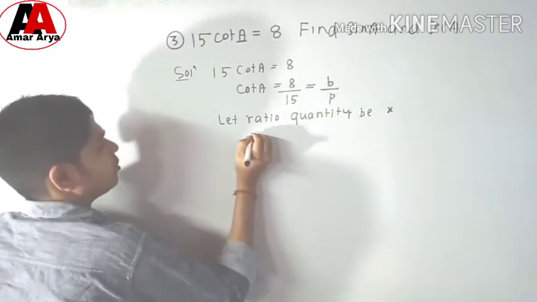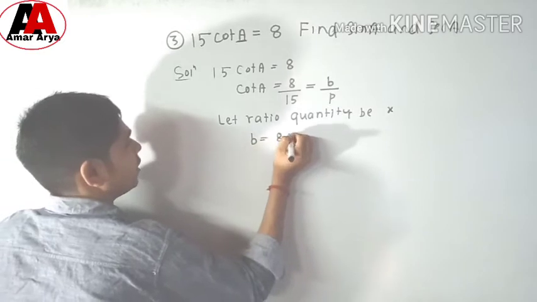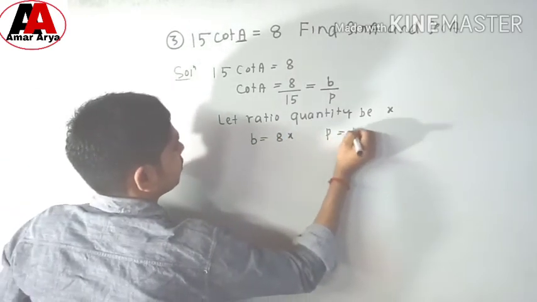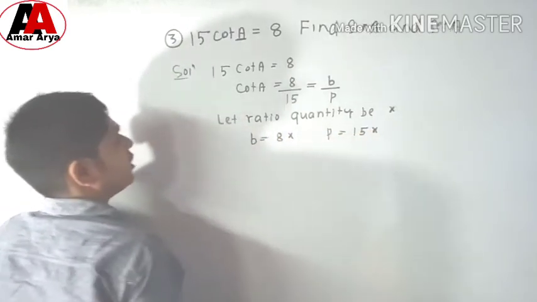So we can write here B equals to 8x, and P equals to 15x. Okay, so we need to find here H.